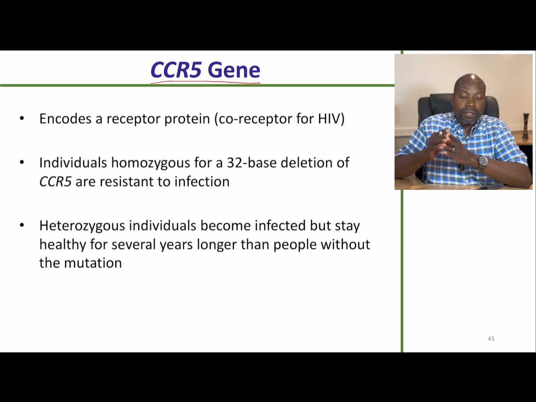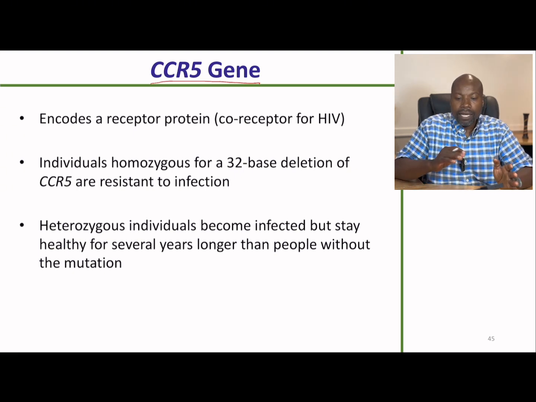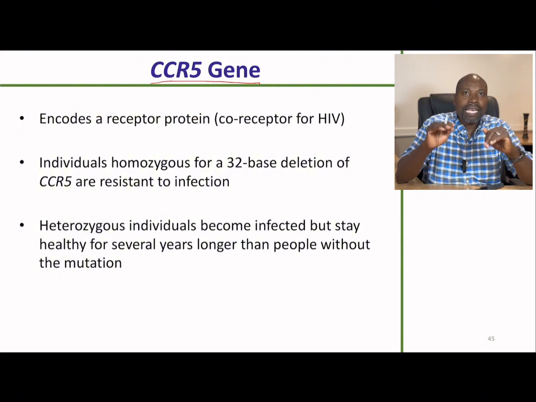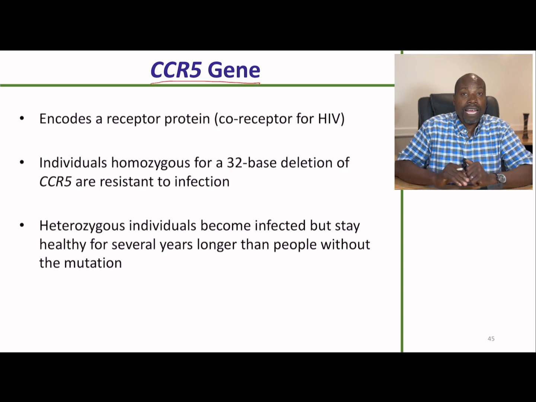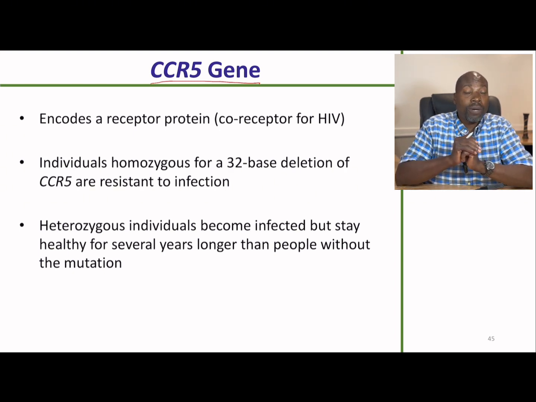Why? Because the CCR5 gene is modified in this individual so that this CCR5 gene is not helping the attachment of HIV on the surface of our T cells. As a consequence of that, they become actually resistant to HIV infection, which is great, right?